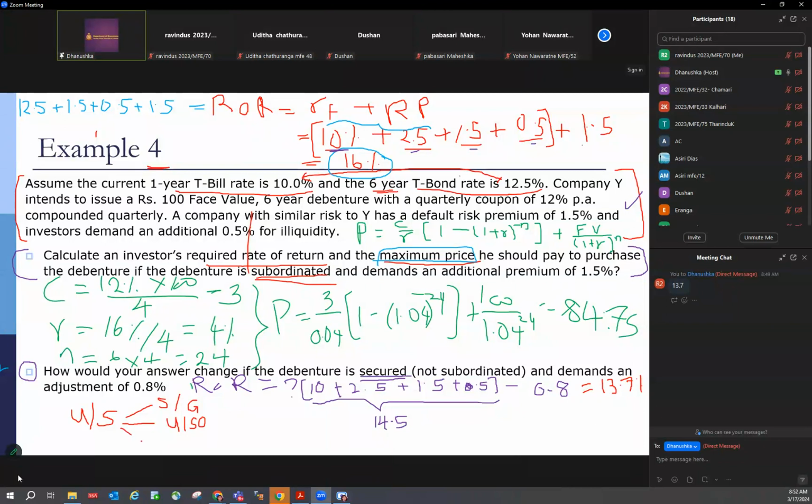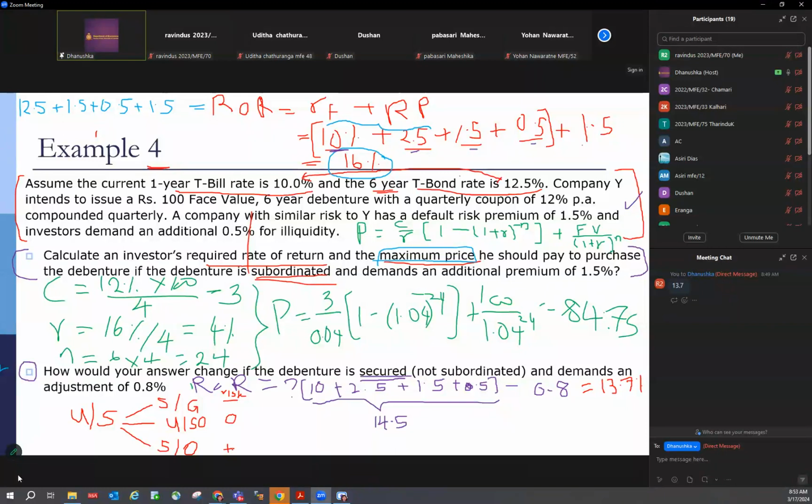However, if you are subordinated, this increases the return profile of the debenture, and therefore you want a higher return. So I will say this is minus, this is 0, and this increases the risk. This reduces the risk, this increases the risk.